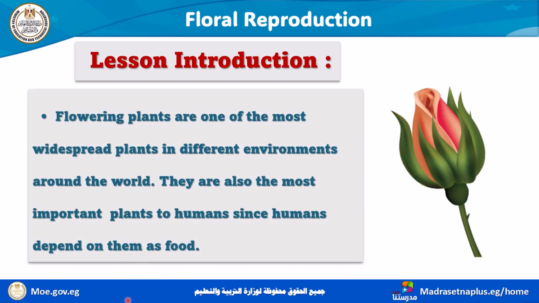Flowering plants are one of the most widespread plants in different environments around the world. They are also the most important plants to humans since humans depend on them as food.